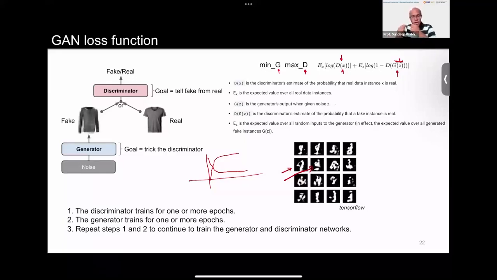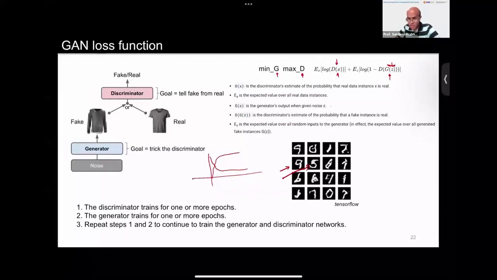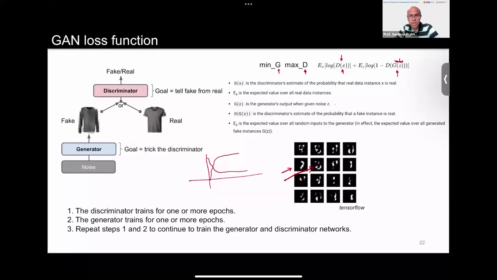So both of them are kind of fighting with each other to make sure that, eventually the generator wins, okay, this particular game. So this is about generative adversarial networks. I hope the loss function and the training mechanism of a generative adversarial network is clear.